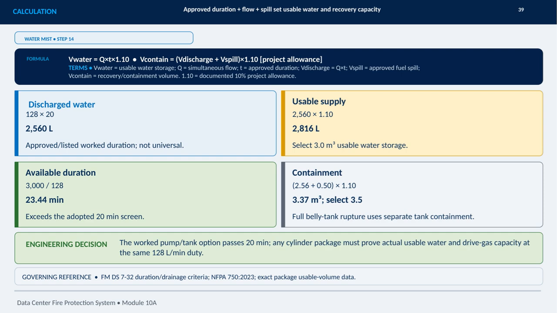The engineering decision is that the worked pump and tank option passes the 20-minute requirement. Any cylinder-based package must still demonstrate the same usable water and drive gas capacity at 128 liters per minute. These checks follow the governing FM and NFPA criteria, along with the package's actual usable volume data.